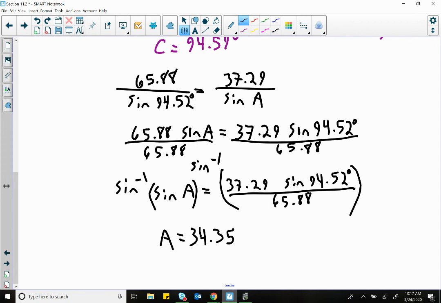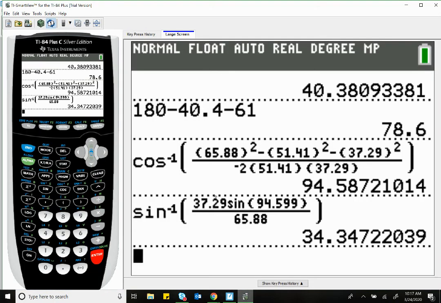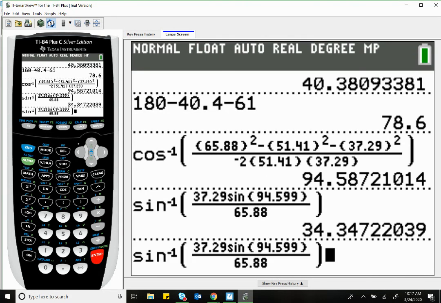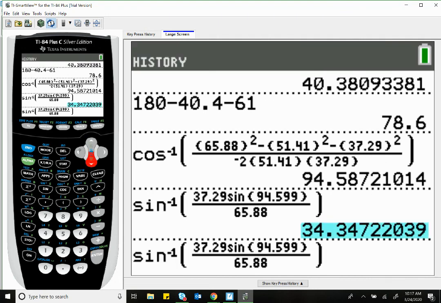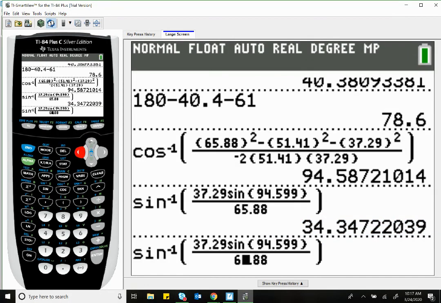And again, degrees, of course. To get the last angle, you can add these two up, subtract from 180, or you can just go back in and run this, but change this 37.29 to 51.41, which is what I'm going to do real quick, because I like to try and be accurate as possible.